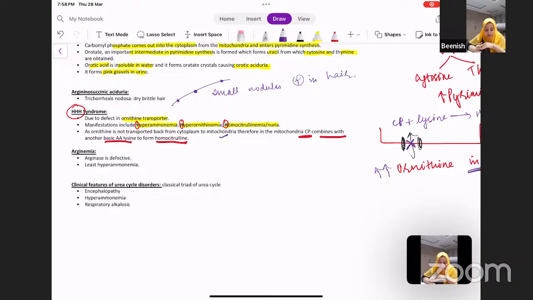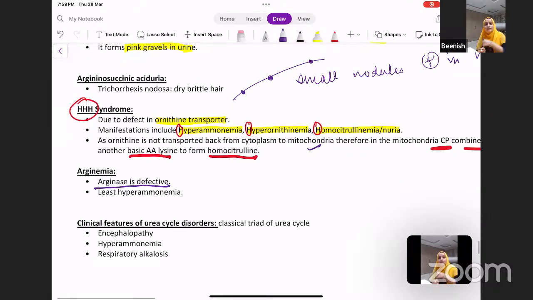Now, what is in argininemia? What is happening? Your arginase is defective. But as you know, this is the last step in the urea cycle, your arginase enzyme is the last enzyme.